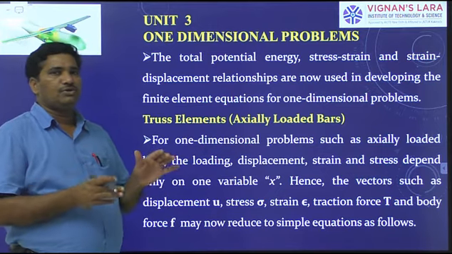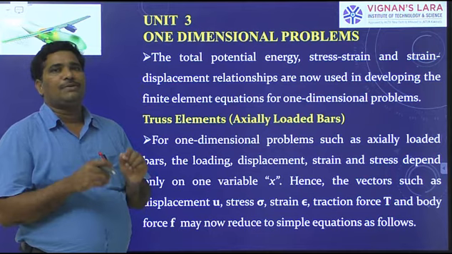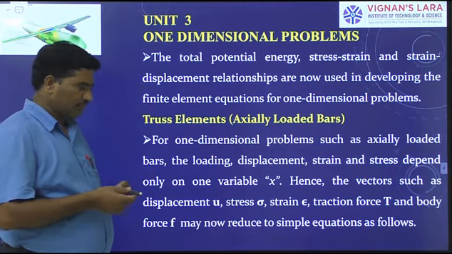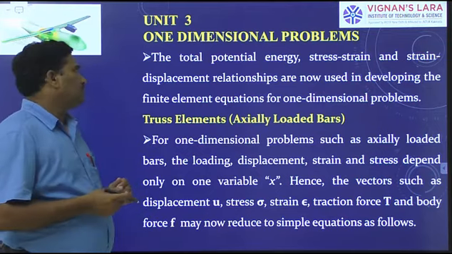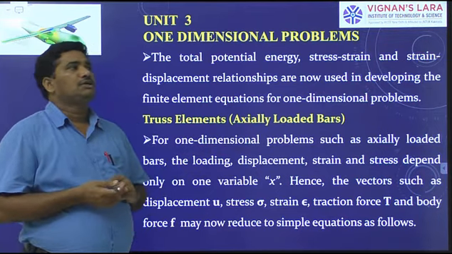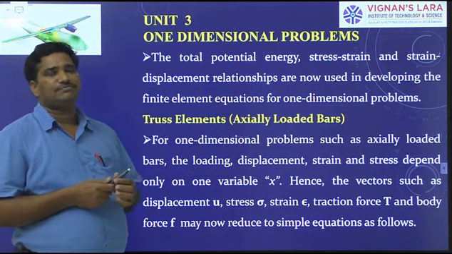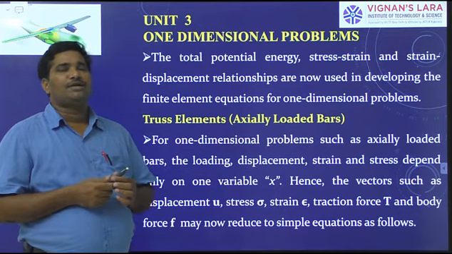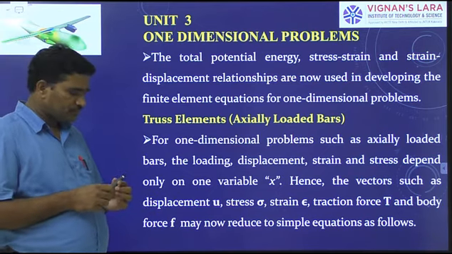This is what we do in this particular unit number 3. Right? Now, what do we do? We use the total potential energy, stress-strain relations and strain displacement relations for finite element formulation of one-dimensional problems.